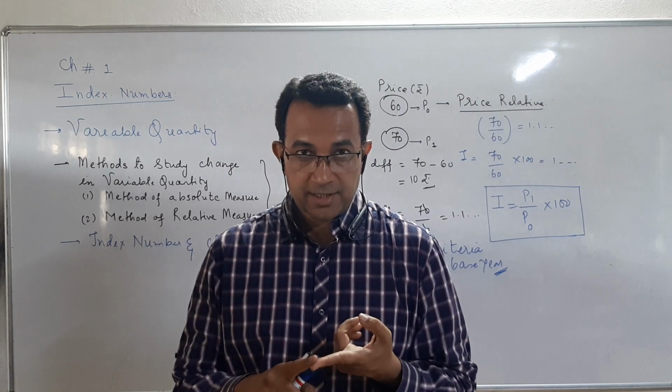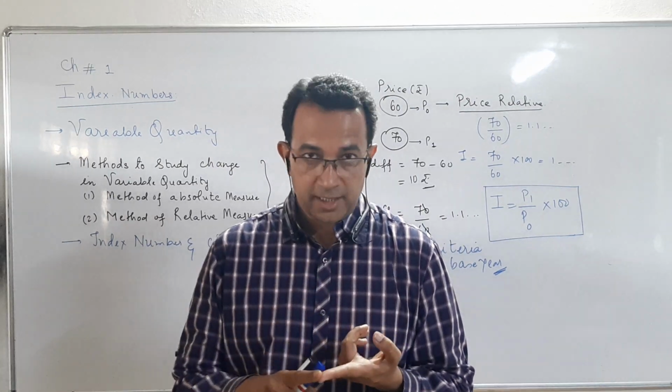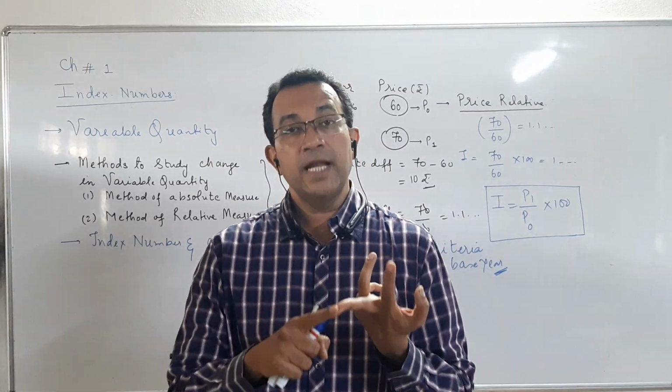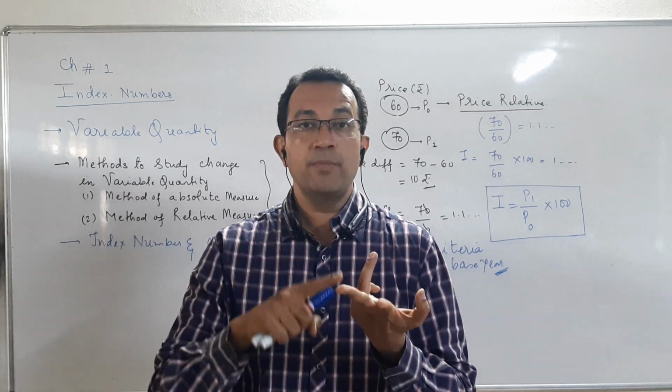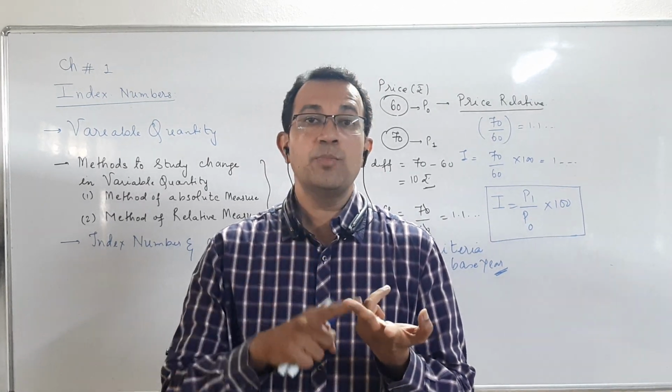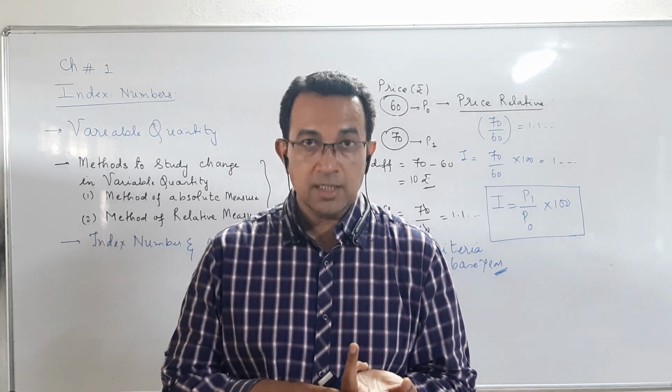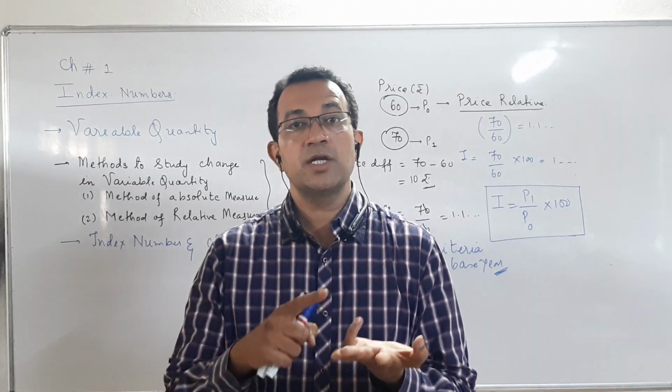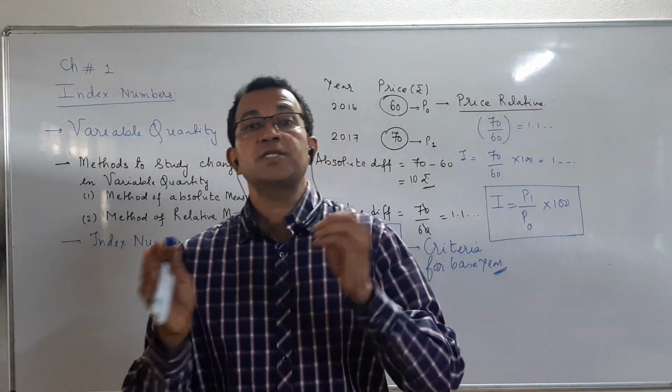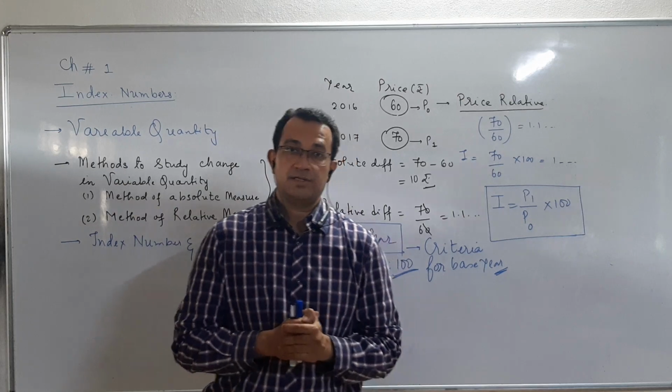A base year must be a normal year with no natural calamities, no man-made calamities, no political instability, no economic recession, and no economic boom. Such a year should be a base year.